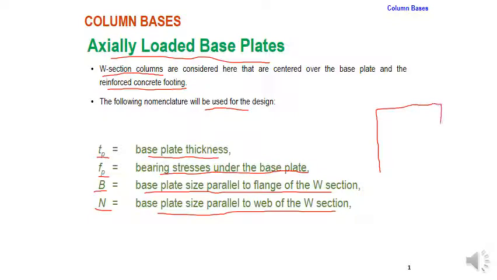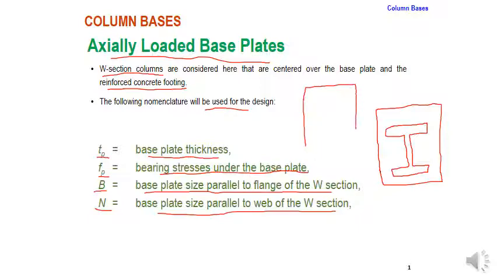If we draw a figure, it will explain this in a very good manner. If this is the plan view of your base plate, then you can see your column W section. In one way it may be connected with the base plate in this orientation, and if you change the orientation, the W section may be connected like this.